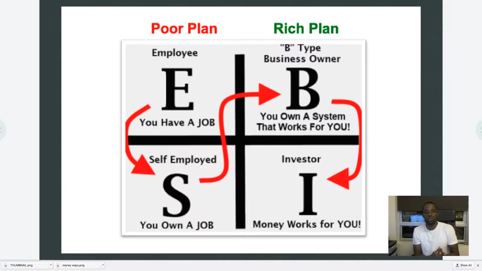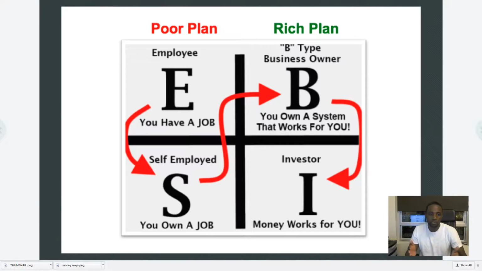Self-employed is when you own a job. Self-employed is someone like a doctor, let's say an architect, someone who has a skill. You have a professional skill you went to school for, or you have an owner-operated business, you're a one-man show, and you do everything. The business doesn't move unless you move.